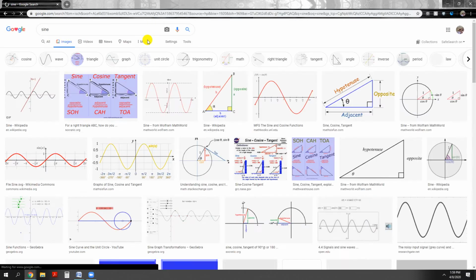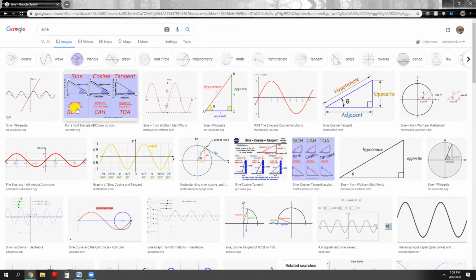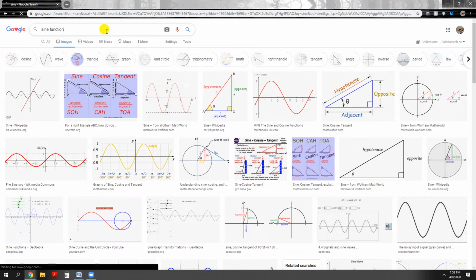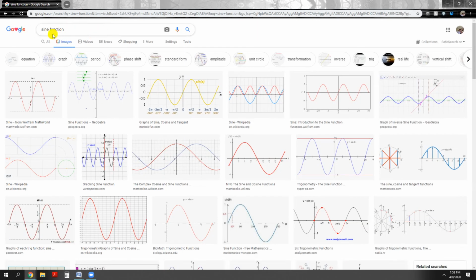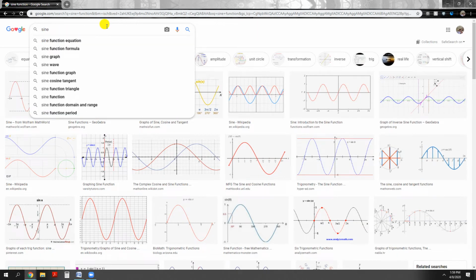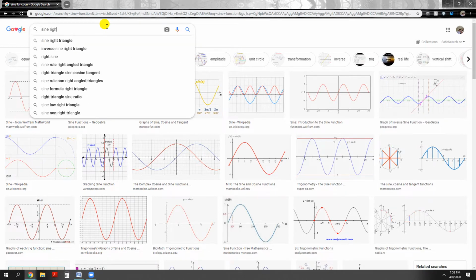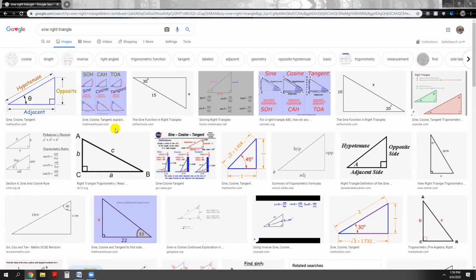We'll type in sine function. Sine, right triangle. Okay.